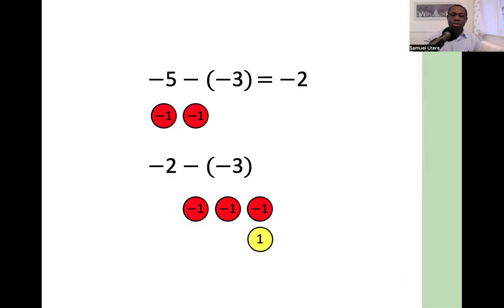So if we add zero pairs, we now have 3 negative counters. Adding the zero pairs has not changed anything. We still have actually two negative counters because -1 add 1 is 0. So it has not really changed what we had before. But what it has done is made us have 3 negative counters. So now if we take 3 negative counters away, our answer is +1.